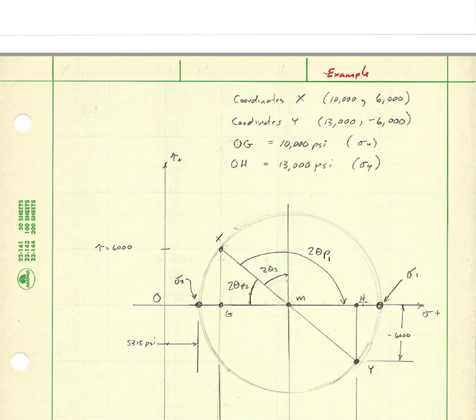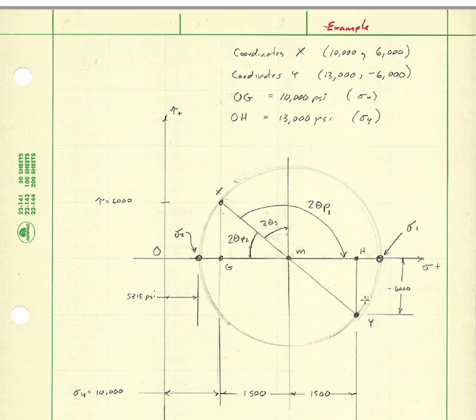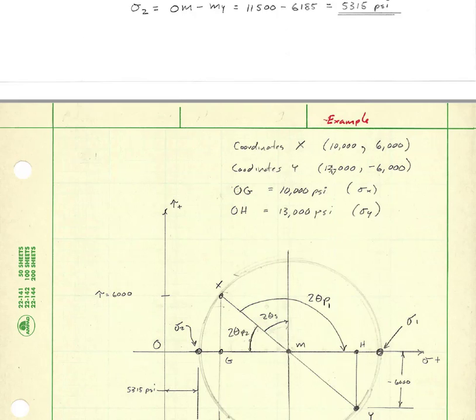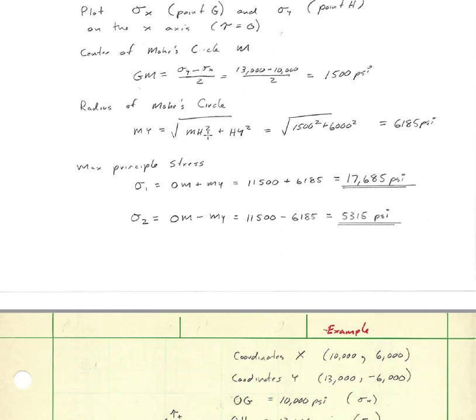We know M to H is 1,500 psi right here. We know that H to y is this negative 6,000, our shear stress. From that we're able to find the radius of Mohr's circle. So our radius is the square root of 1,500 squared plus 6,000 squared, which is 6,185 psi.